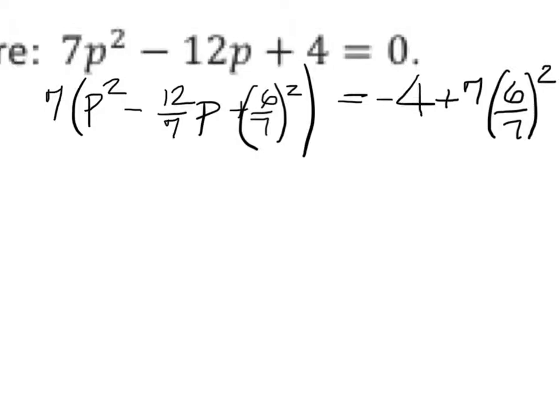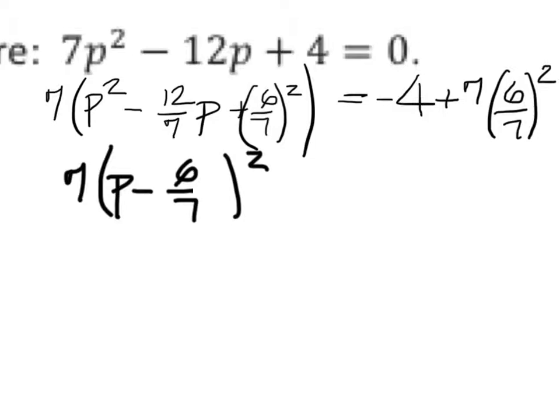Alright, so over here on the left-hand side, we want to put this in the proper form. So we're going to have 7 times the quantity p, the sign from the middle, minus, half of 12 over 7, which is 6 over 7. Close it off, square the quantity.